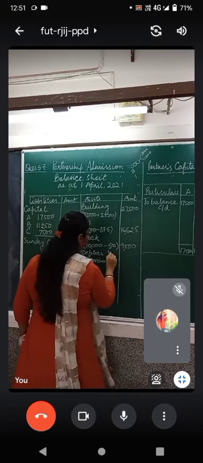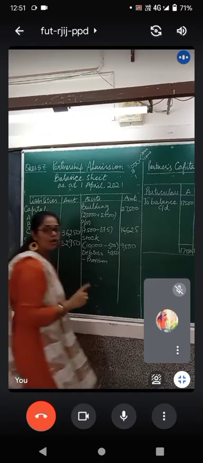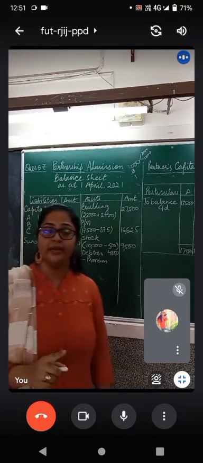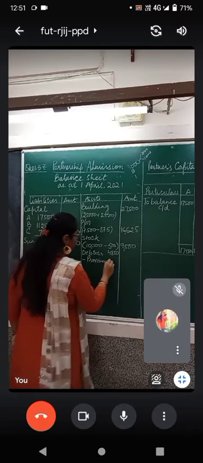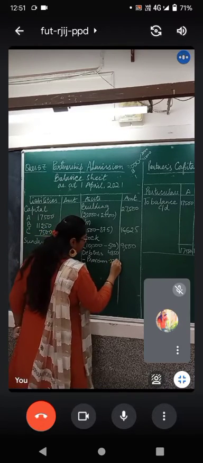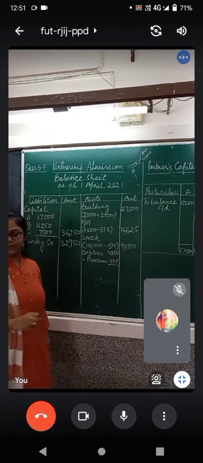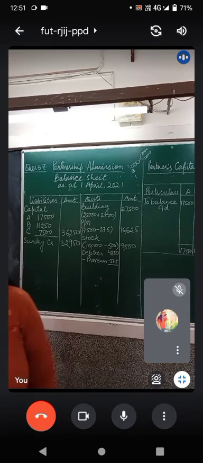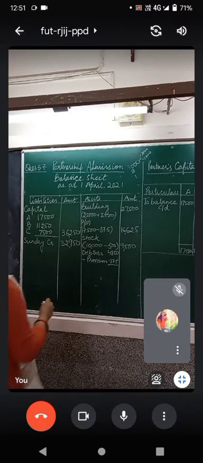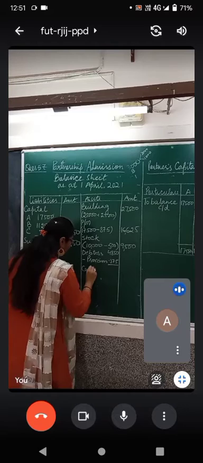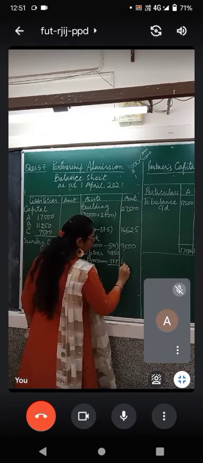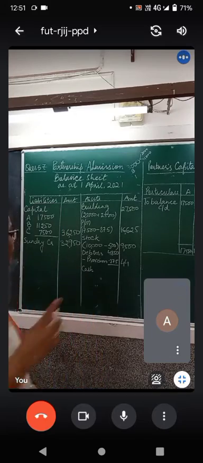So the amount of debtors was 4850 and the provision which you have created is rupees 375, minus 375. When you subtract this will turn out to be, quickly tell me. Ma'am, 4,475. 4,475. Yes.